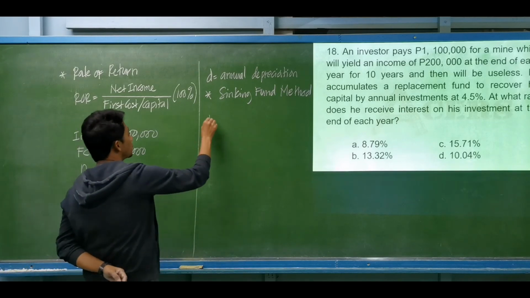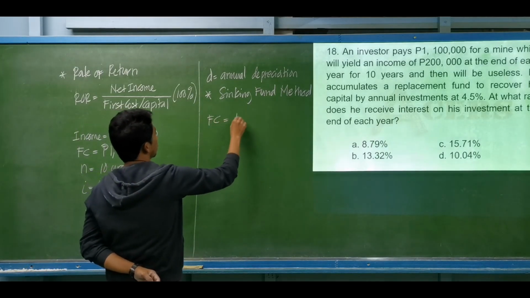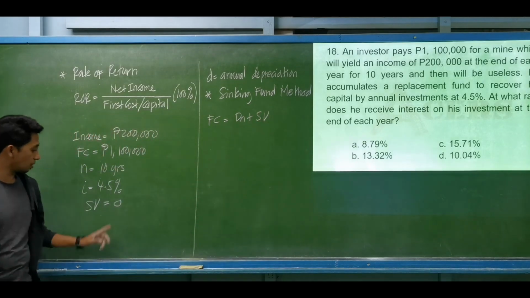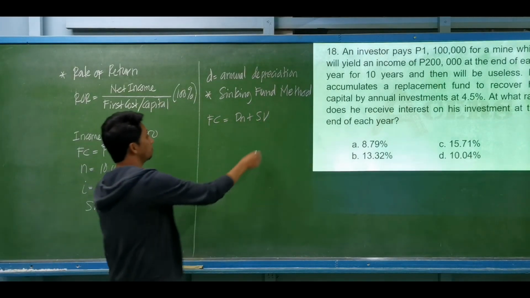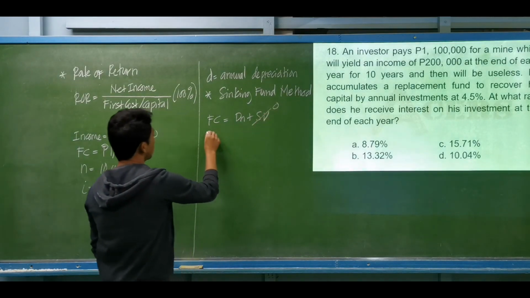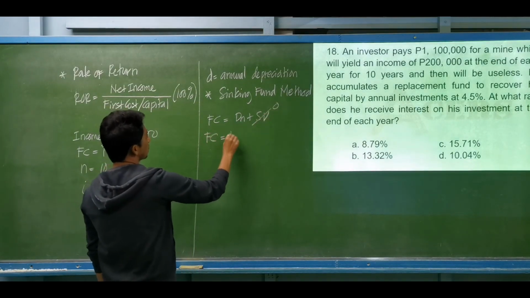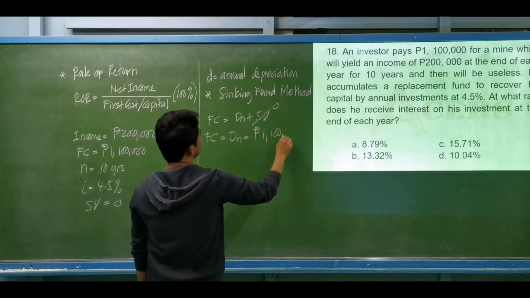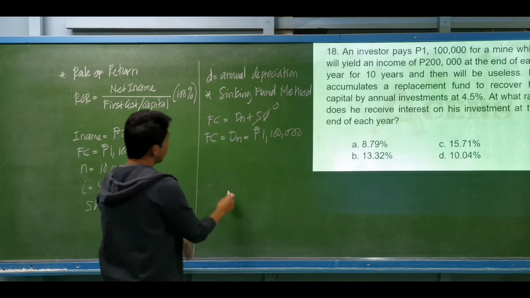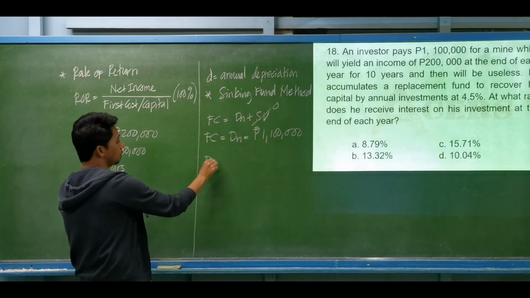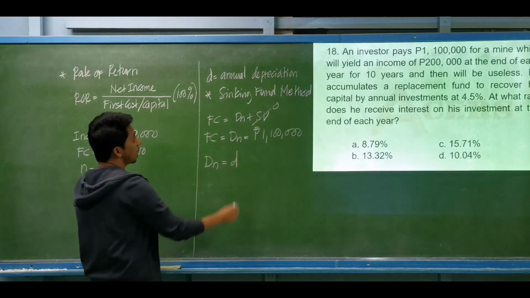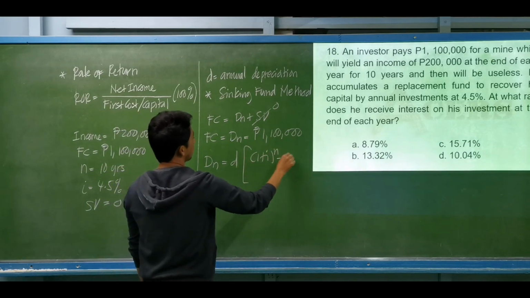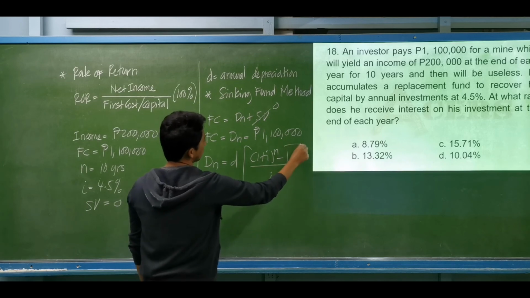We have the first cost equal to the DN plus the salvage value. But again, according to the problem, the salvage value is equal to 0. This means our first cost is the same as our DN, equal to 1,100,000. From the sinking fund method, DN equals the annual depreciation cost multiplied by (1 plus i) raised to N minus 1, divided by i.